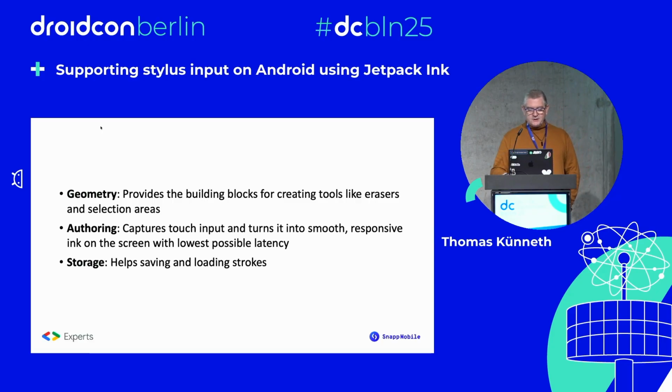Three more modules to cover. Geometry, this is the one you will be needing if you want to do things like erasers or selection stuff. This is a somewhat advanced topic, so I'm not covering this here in the talk. Authoring is the module that does the input capturing for us, and finally storage. This is a rather new one.